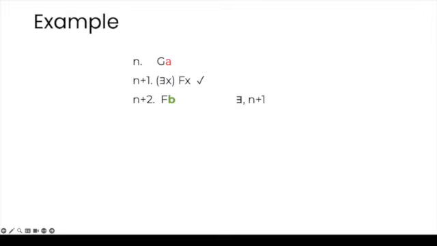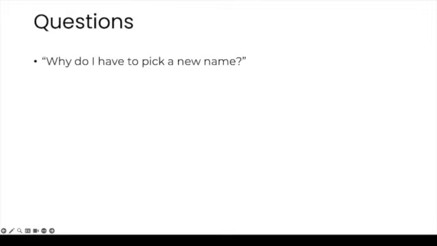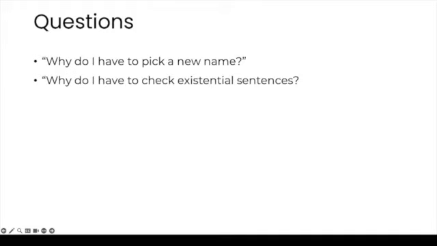At this point, you may be asking yourself, why do I have to pick a new name? And why do I have to check existential sentences when I was just told not to check universal ones? Don't worry, I'll address each of these questions in turn. New name. So why a new name? Well, if you remember, back when we were discussing the natural deduction rule of existential exploitation, we insisted on the requirement that every time we exploit an existential quantifier, the name we use must be isolated.